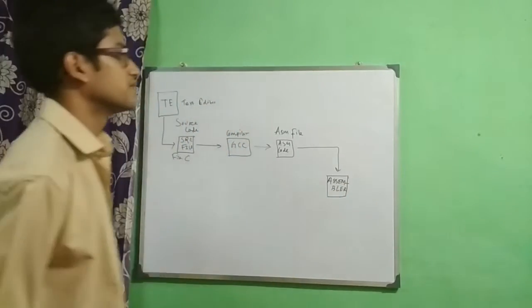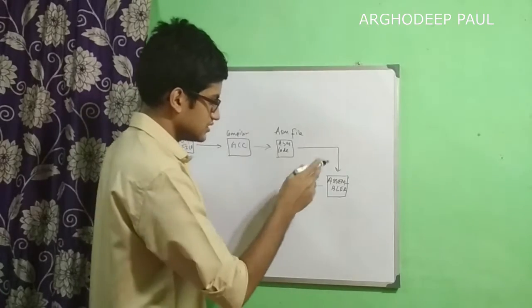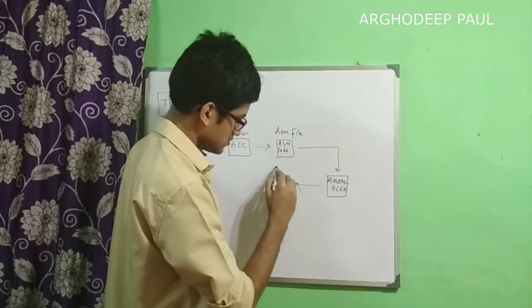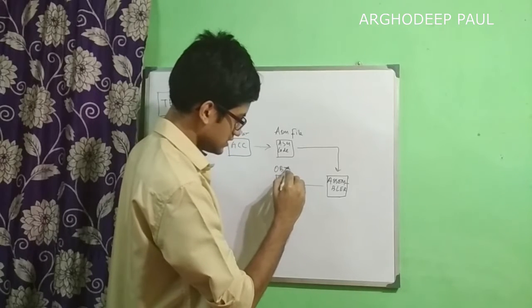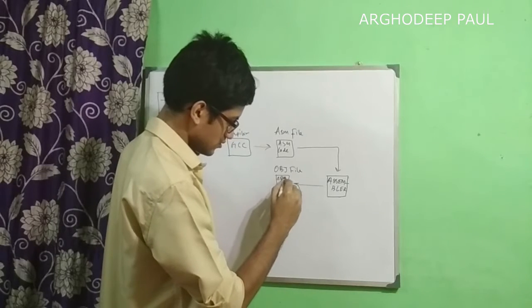This is our assembler, and it will translate this assembly code into an object file, the OBJ file.